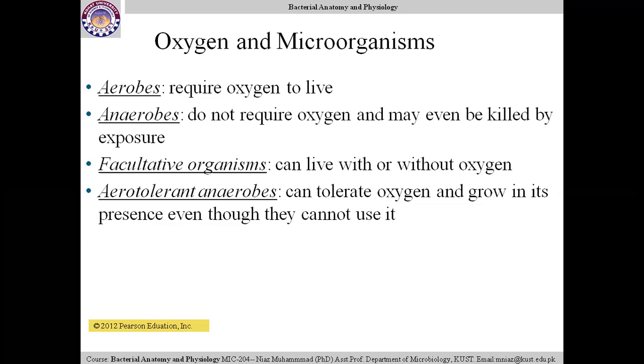They can tolerate oxygen and can grow in its presence even though they cannot use it. So the group of microorganisms that can grow in the presence of oxygen even if they are not using it, but basically they are anaerobic, are called aerotolerant anaerobes.